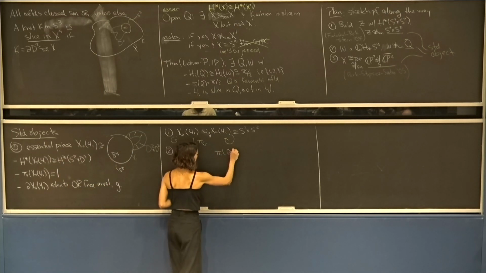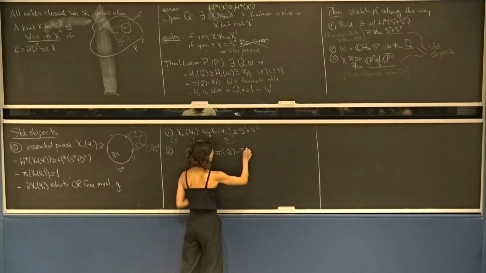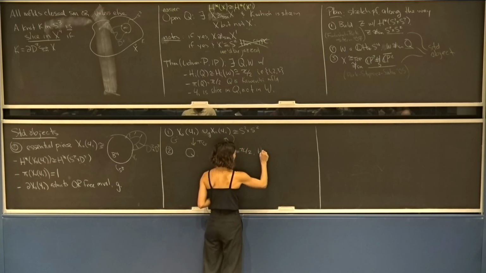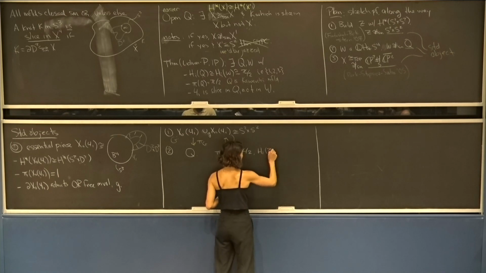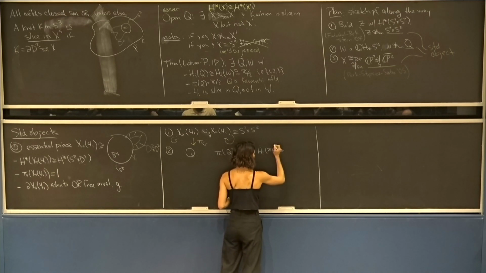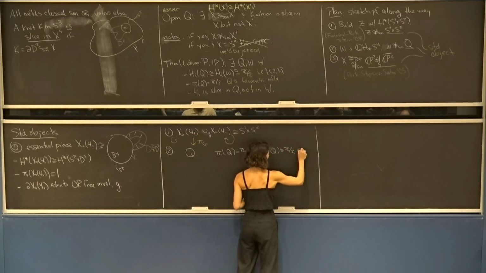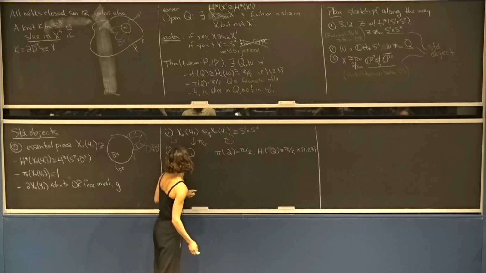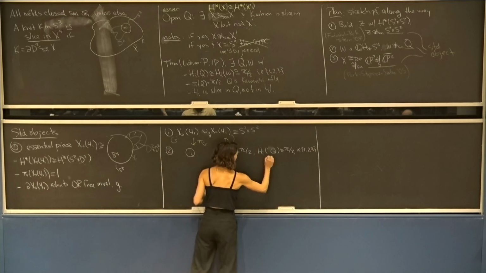Pi1 of Q is Z mod 2 because it has a simply connected twofold cover, and it's not hard to check that. In fact, all the interesting homology groups are Z mod 2. And maybe a final remark about it is that it's also spin.